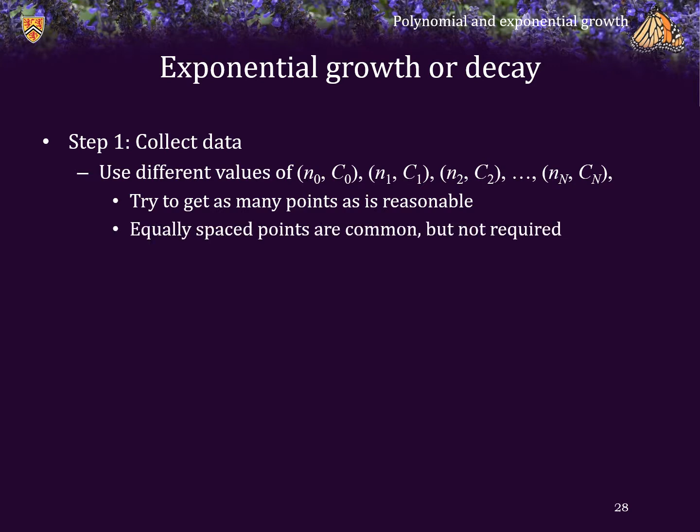Also, we often do have equally spaced points in time. For example, we may be taking a sample once a year, or once a month, or once a day. But this is not necessarily required. And if we miss a particular day, month, or year, it's not the end of the world. We just discard that or do not have that datum. Often, the first value is when we consider time t naught, but that's also not required.